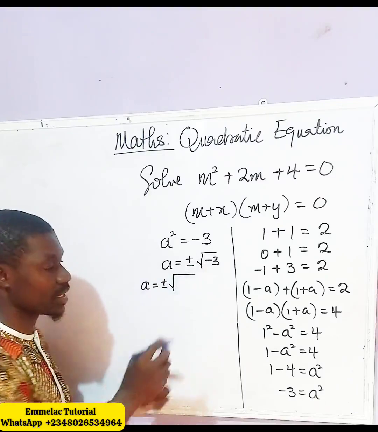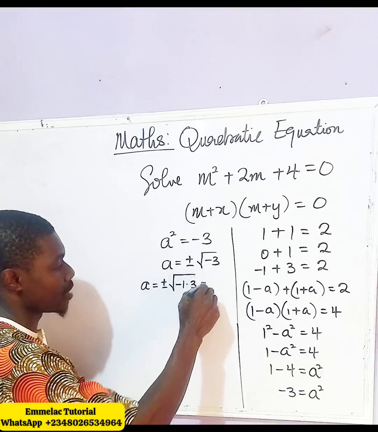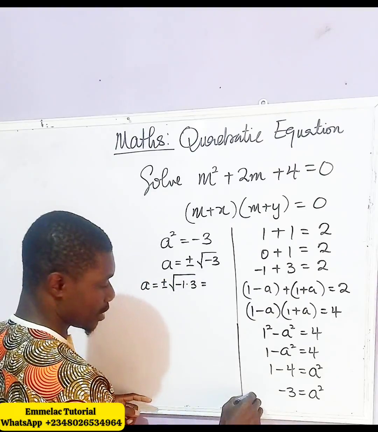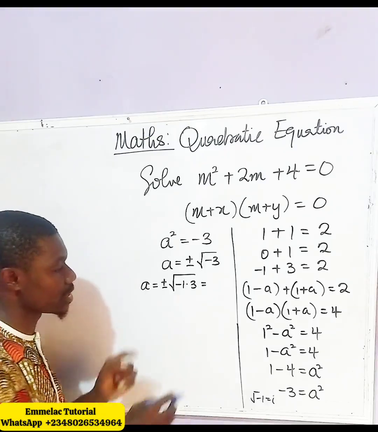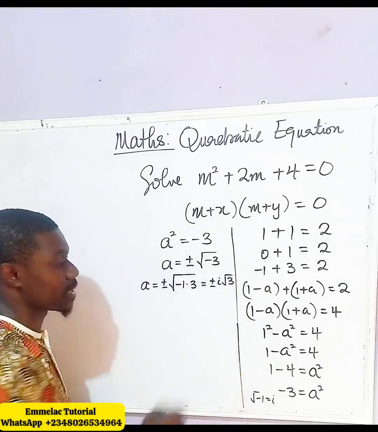Negative 3 implies negative 1 times 3, and we know that the square root of negative 1 equals i. So we now have a equals plus or minus i root 3.